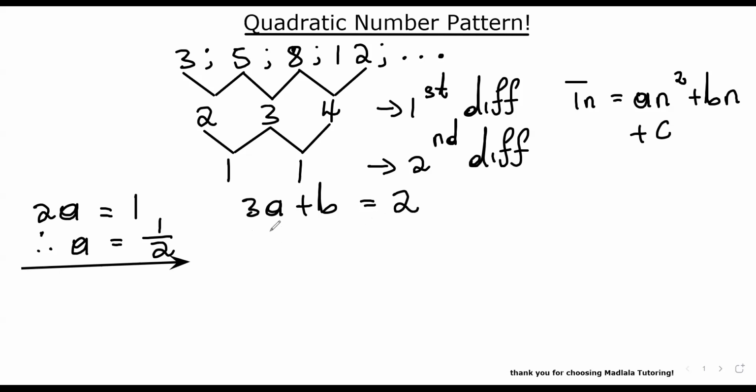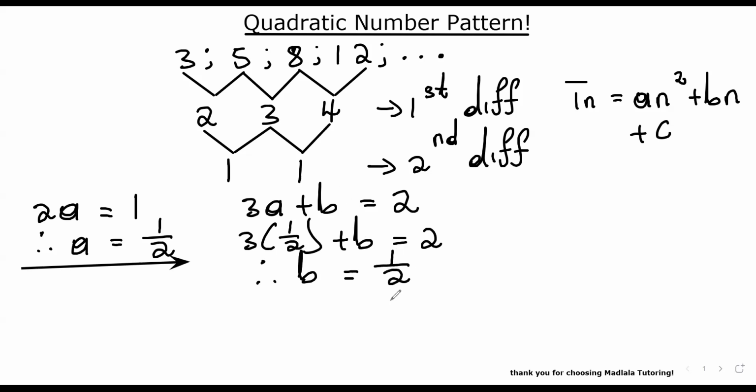And since we know that the value of a is 1/2, then in order for us to find the value of b, we say 2 minus 3/2, all right? And of course, 3/2 is just going to be 1.5. So it means the value of b is also going to be 1/2. Well, that's fine.